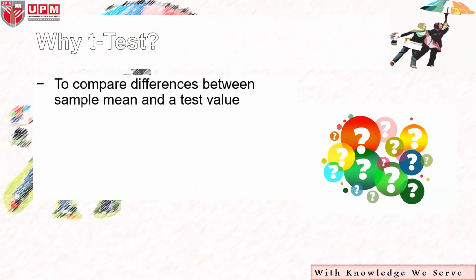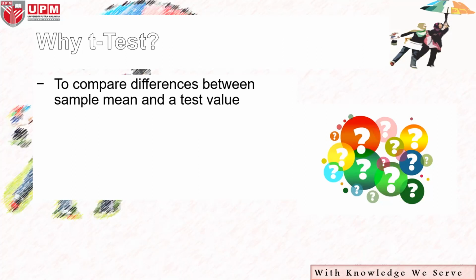Okay, so why t-test? Why do we want to use t-test? Because to compare differences between a sample mean and a test value. Make sure when you report the t-test value, you indicate that we are comparing the mean value. There are differences between mean values.